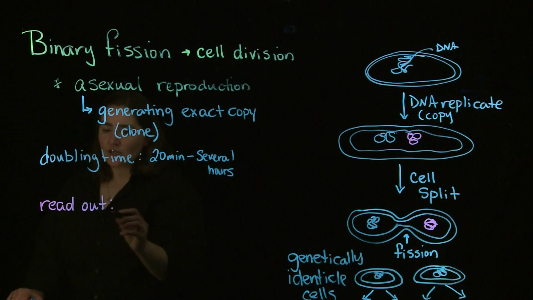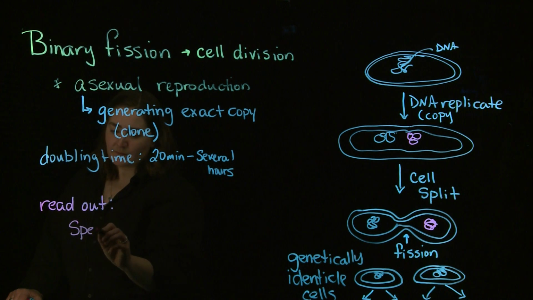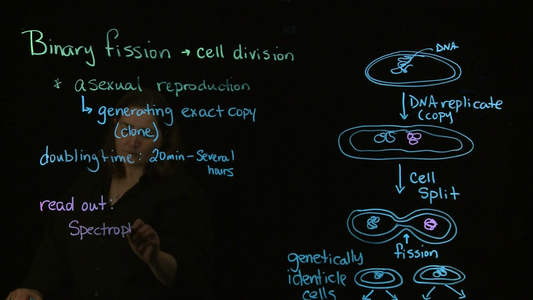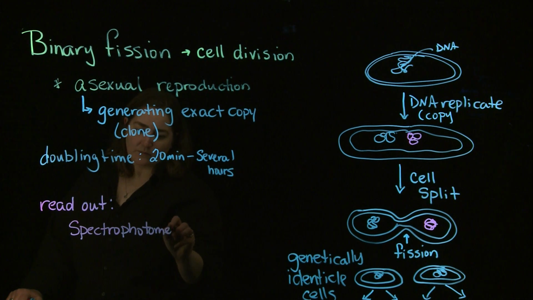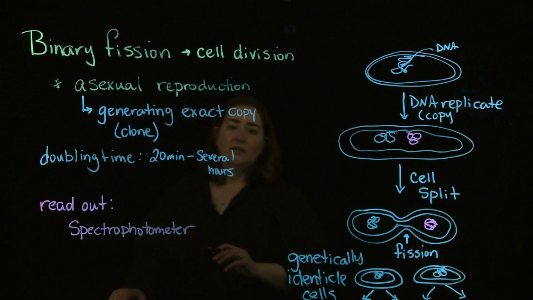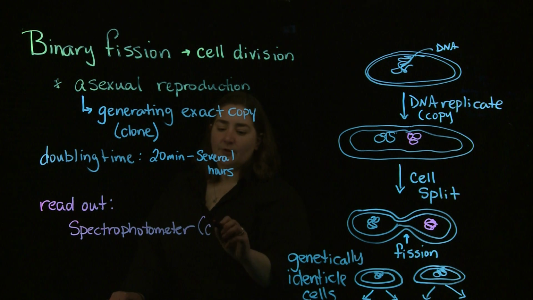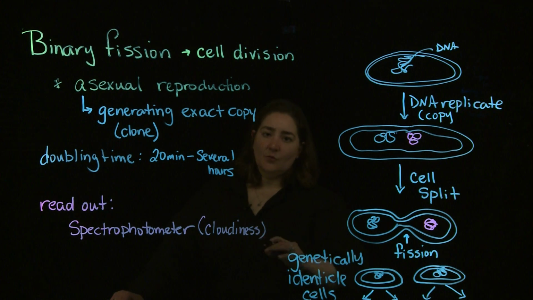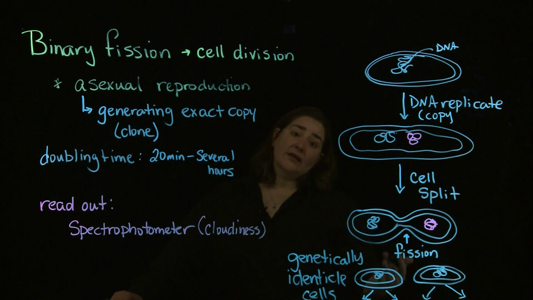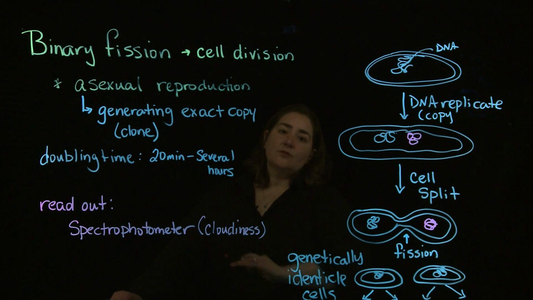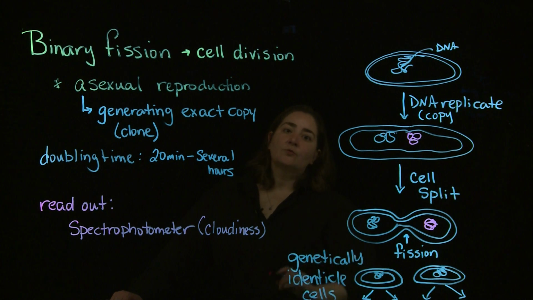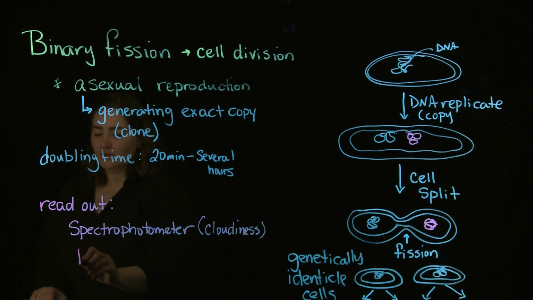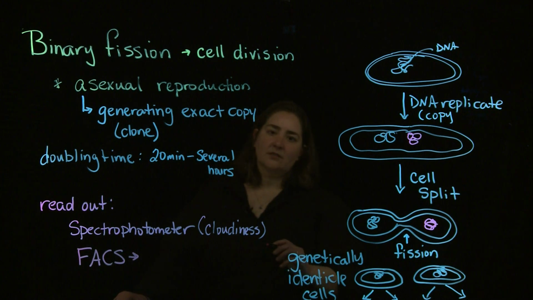We've got the spectrophotometer, which is essentially looking for cloudiness. The more cloudy that the media is, the more bacteria that you have. So it's not going to give you an exact cell count, but it's going to give you a rough estimate. You also have, as an example, FACS sorting or flow cytometry.